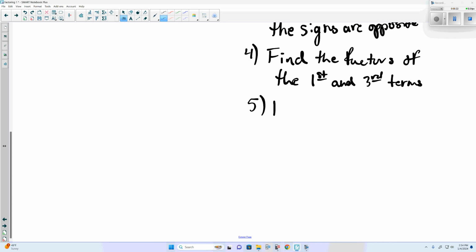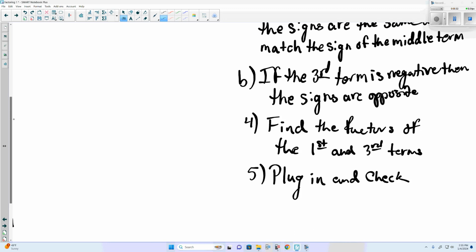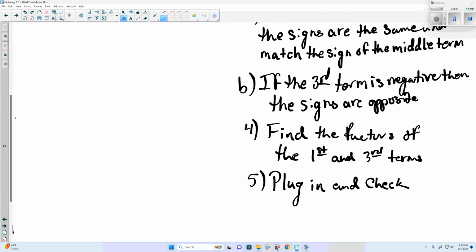And the last step is to plug in and check. Some of the times we'll do steps 4 and 5 really at the same time, because if there's only one set of factors, we're just going to plug them in. And our last step is to check to make sure that we got them correct. Questions on this?